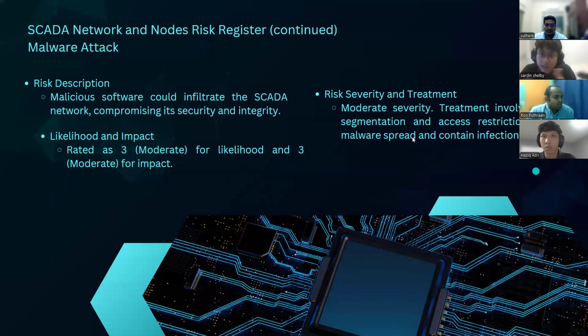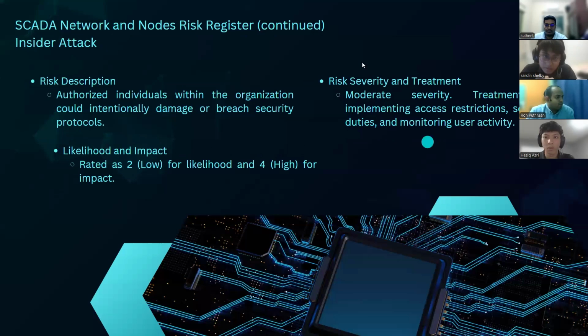Next, the last one. The last risk in the risk register for the SCADA network is insider attack. An authorized individual within the organization could intentionally damage or breach the security protocols. The likelihood is 2, which is low, and the impact to the organization is high, which is 4.